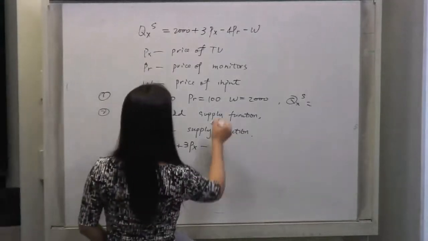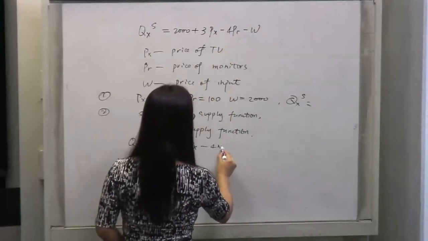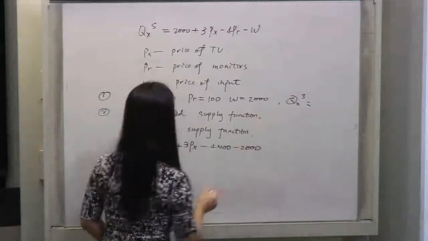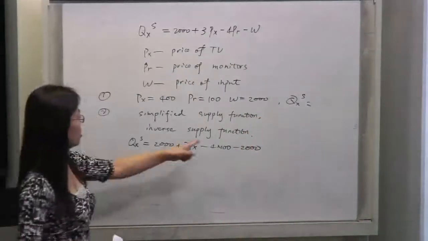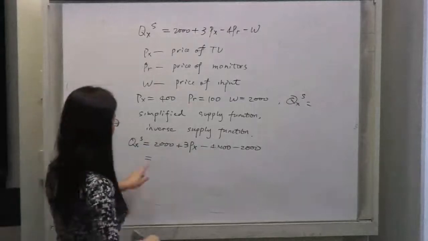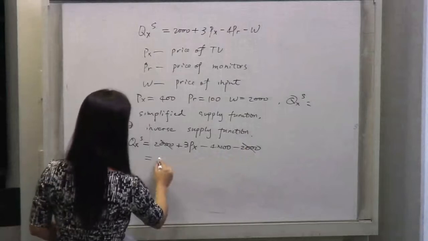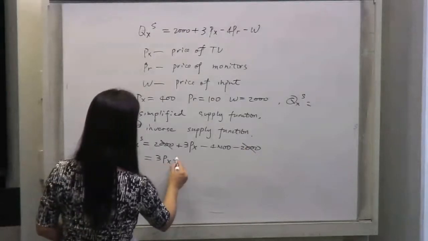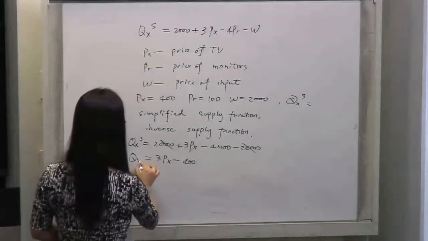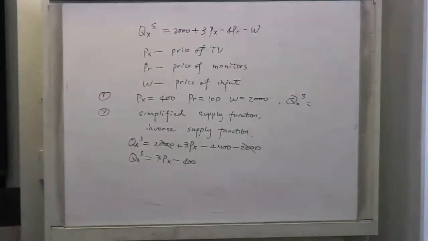But PR is equal to 100, we're going to plug in right here. And W is 2000, we're going to plug right into here. Then you just add them up. Here is minus 2000. So eventually it's 3PX minus 400. Right?